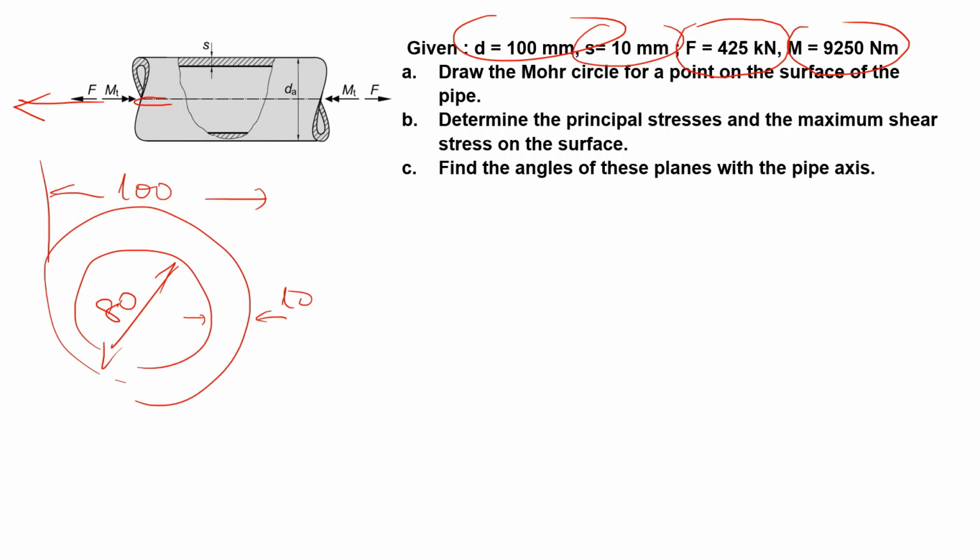So when you take your right hand, place your thumb, you will see that this type of moment is torque. So you will have torsion.